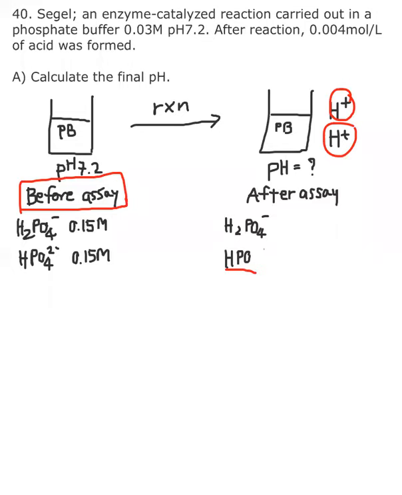So the proton will bind to the base, and then it will change back to the acid form here. So as you follow me so far, imagine that at equilibrium after the reaction occurs, the ratio between the H2PO4 minus and HPO4 2 minus would not be the same, and that makes the pH change.